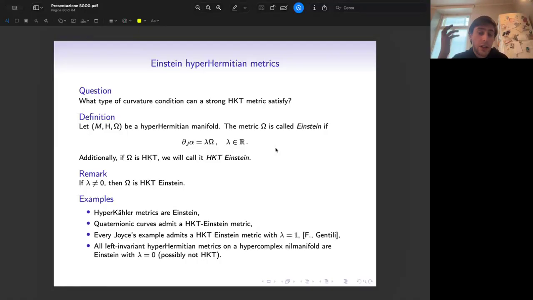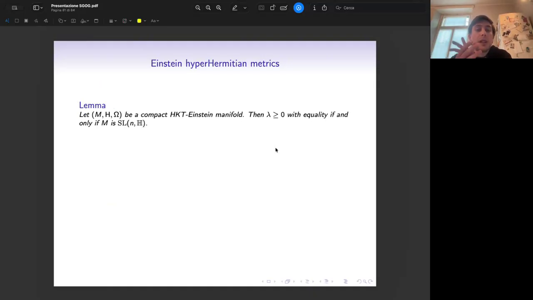definition and the study of HKT Einstein is quite similar in some sense to the study of Kähler-Einstein metrics. But what we found, which was quite surprising for us, is that in this case we don't have the general type case if we want to compare with Kähler-Einstein metrics.